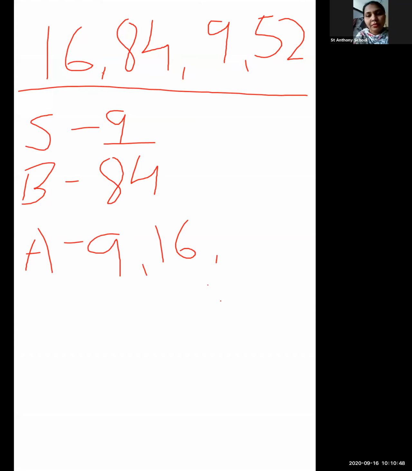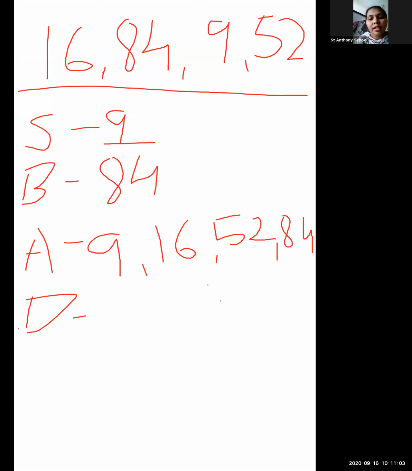So now we write the ascending order: 9, 16, after that 52, and last is the bigger number, 84. And same, descending order is the opposite of ascending order.